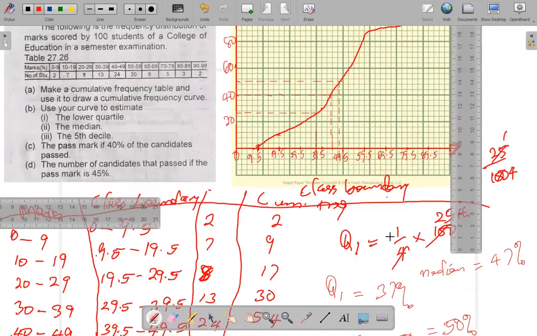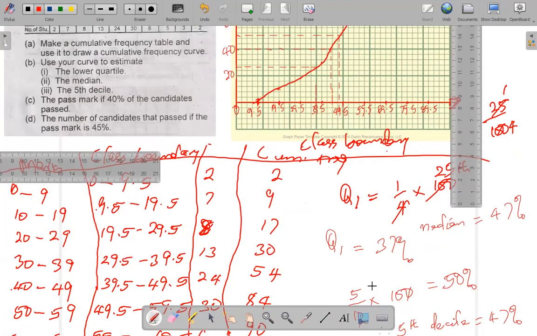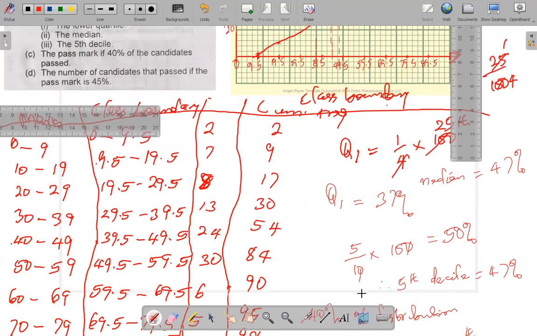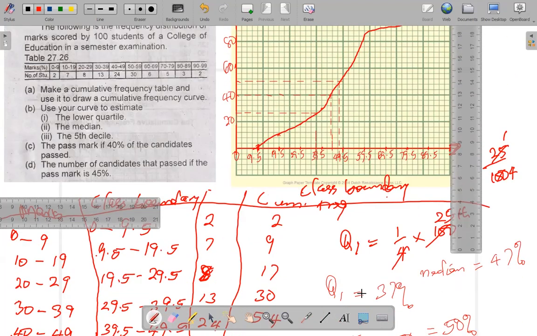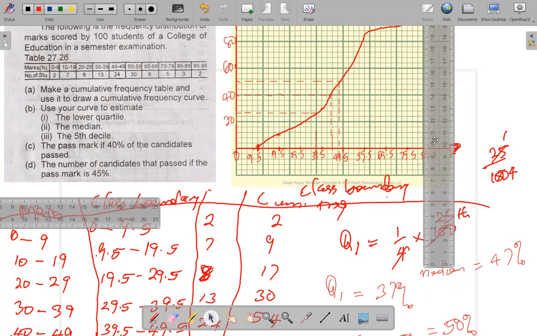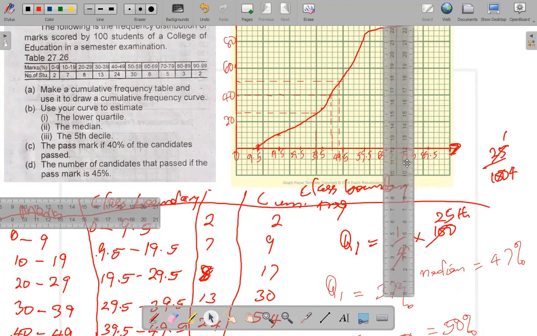Then the last question says the number of candidates that pass if the pass mark is 45%. To answer this last question, on the x-axis we will locate 45%, which we have just done here, and trace it back to the curve, the cumulative frequency curve.